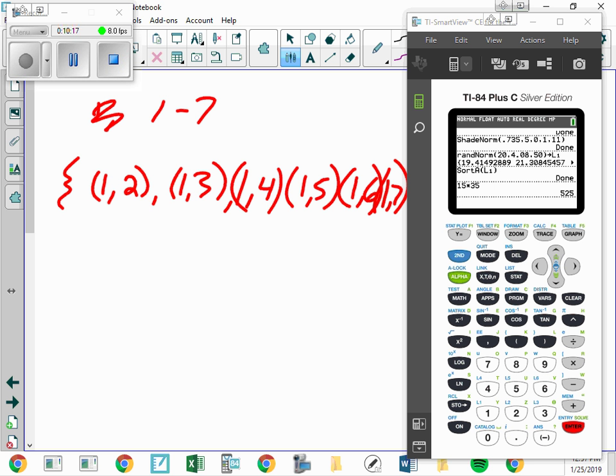Can 2 leave with 1? Yes, but we already listed it, right? Is person 1 leaving with person 2 any different from person 2 leaving with person 1? No, it's exactly the same. So we can't count that twice. It's not a separate system.